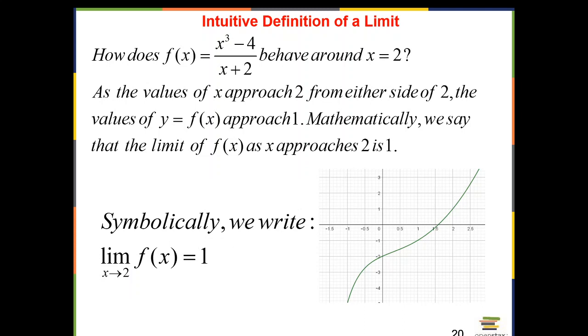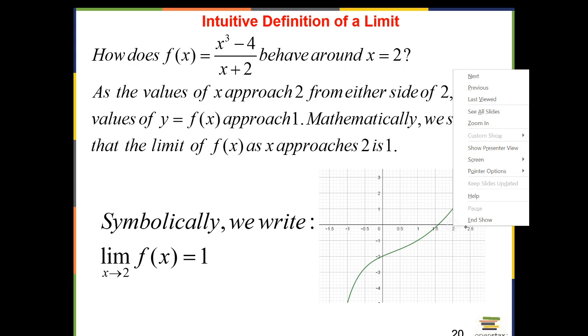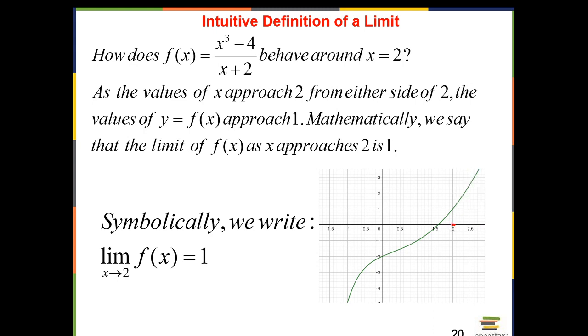So the idea is when x approaches 2 right here, now not at 2, we don't care what's going on at 2, but when we approach 2 from left and right, the function values are right here. So these are the function values.